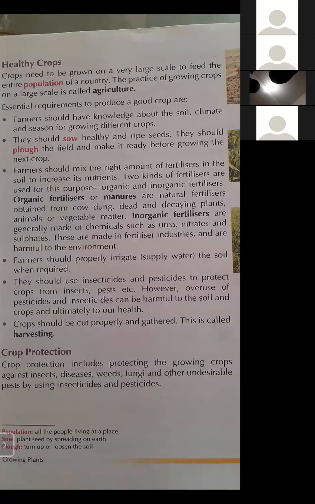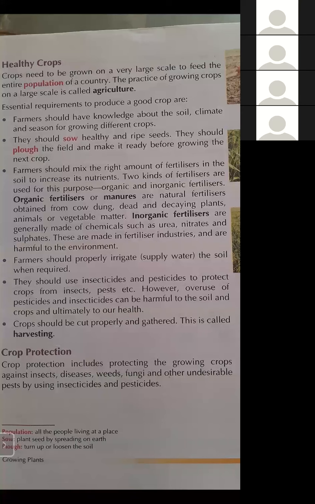If there is no requirement, we should not use excess fertilizers and pesticides, because they are harmful chemicals. They will pollute soil, they will pollute water. So they should be used only when required and in a limited amount.